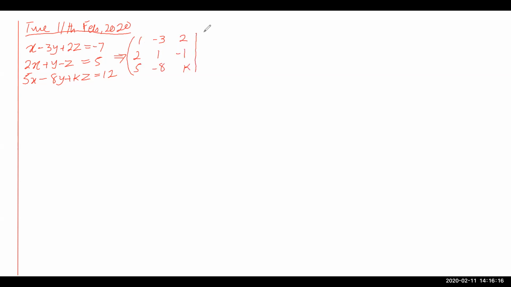And this is negative 7, 5, 12. Okay. Is that the middle? It's more or less the middle. Now, the next thing is to use row operations to reduce to echelon form.